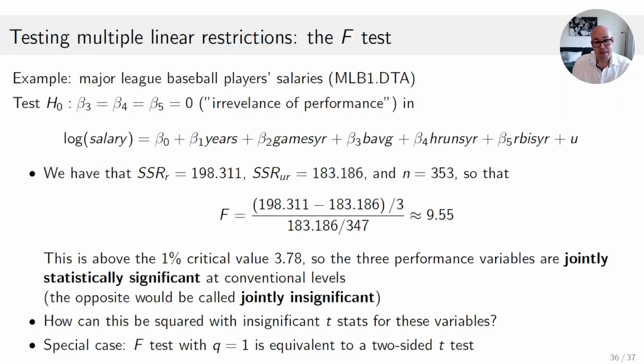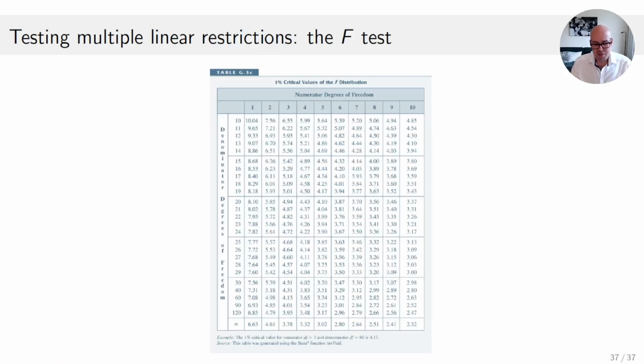That's the relationship between these two. Finally, for you in the PDF version of the slides, there are the 1% critical values for the F distribution, so that you can look up that number.